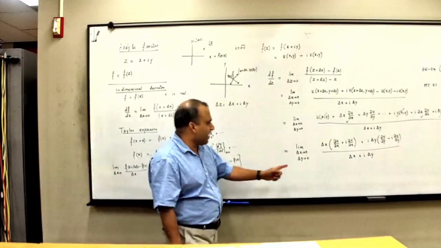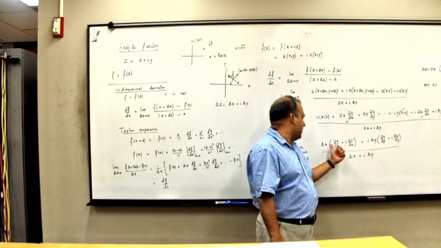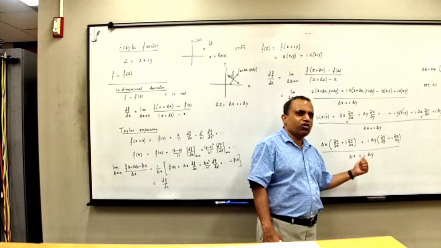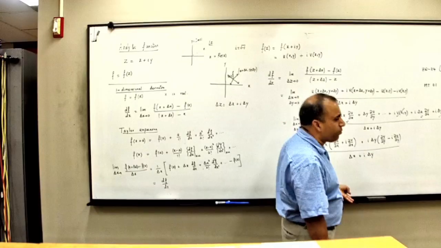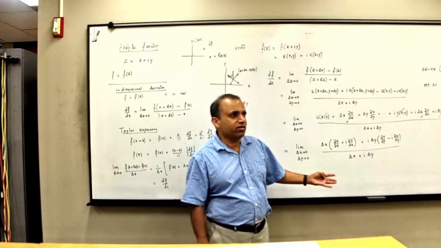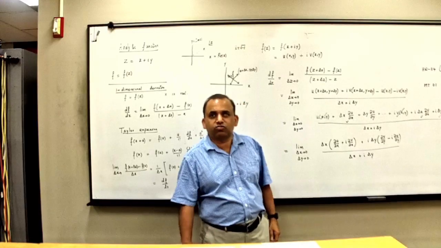But here that's not cancelling. Delta x, the denominator, does not cancel anything in the numerator, right? So in a sense, in this approach, derivative is not very well defined at this point. We are sort of stuck at this point.